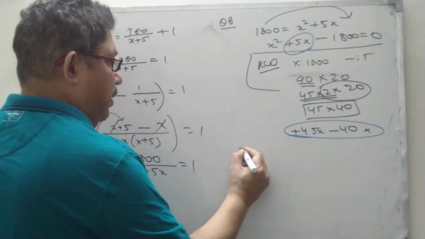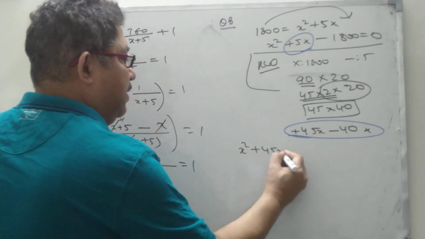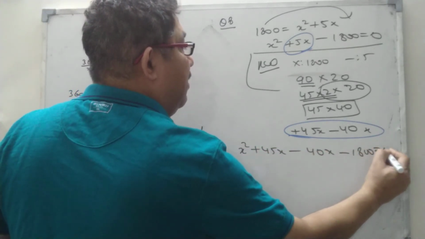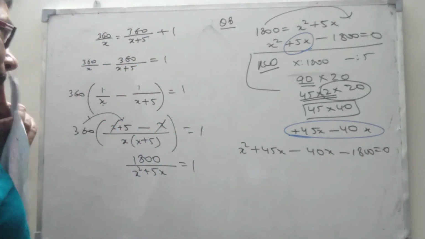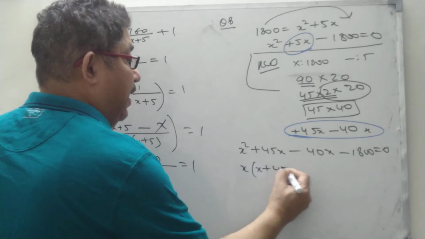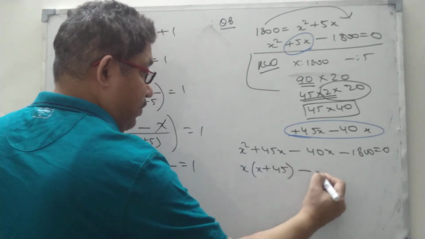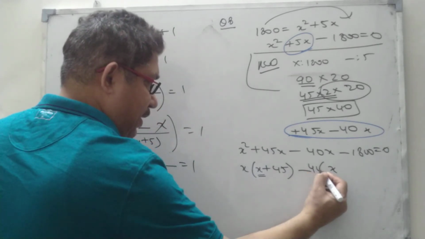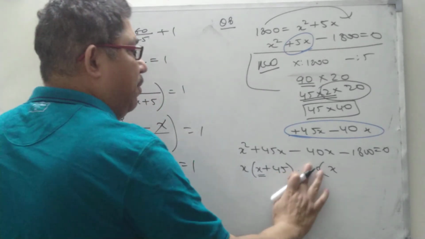x square plus 45x minus 40x equal to 0. From this, x into x plus 45, minus has to be taken common from the rest. Now x is here, so 40 will in any case be common.